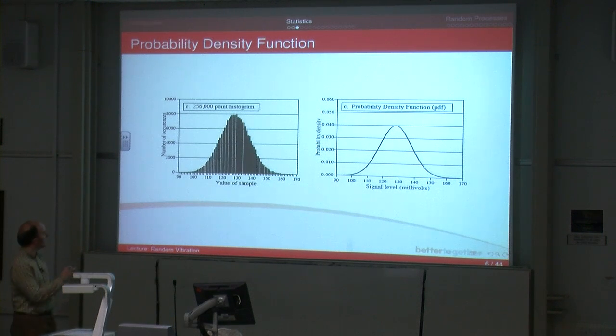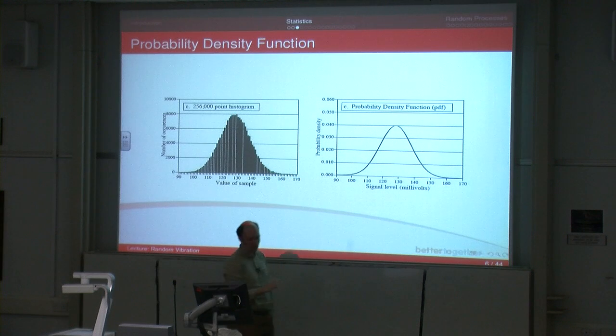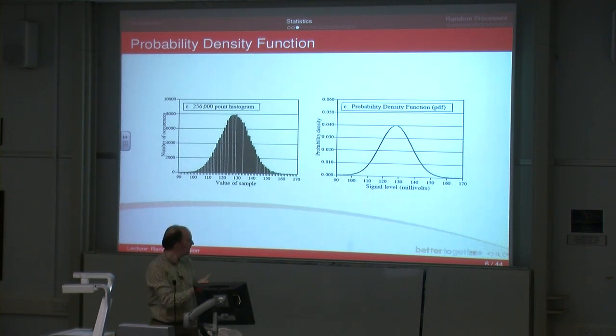Now the PDF of this, the probability density function, also looks like a normal distribution. And you can see that this is asymptotically going towards 0 at, I don't know, 100 or 200 or whatever. But the chance of my value occurring in here is going to be given by the area under that curve. Now the area under that curve is 1, as it happens.